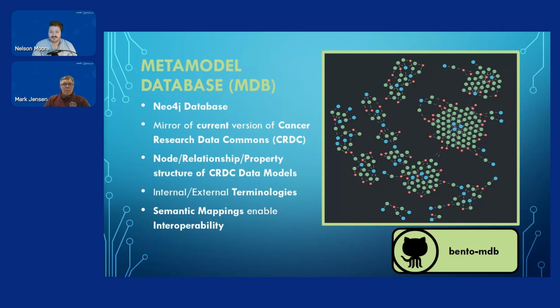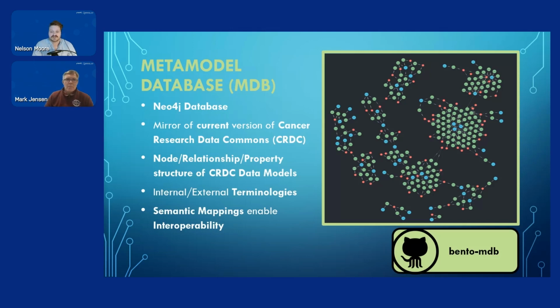Some use cases for MDB include auditing and maintaining these data models as they are changed and updated, enabling transformation of data between different models via the stored semantic structures, and providing a single resource for viewing and evaluating existing data models in a system for model reuse or new model design.